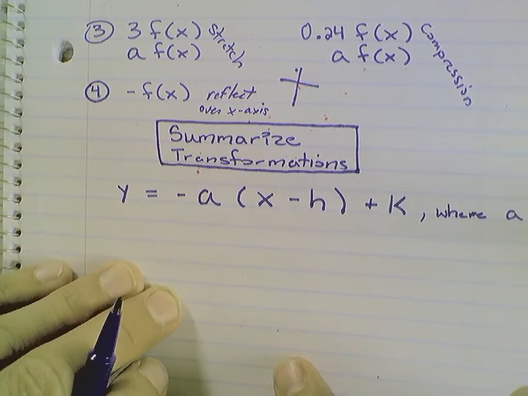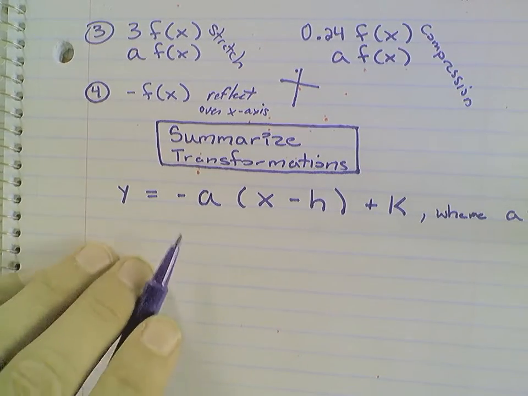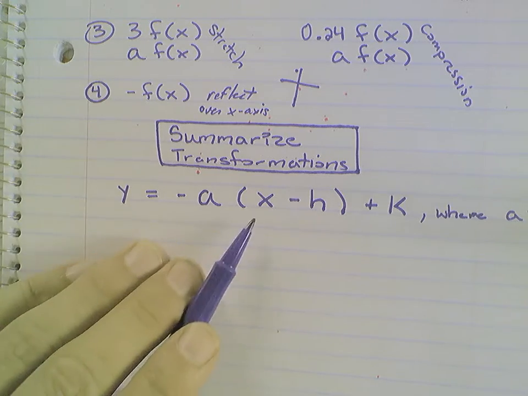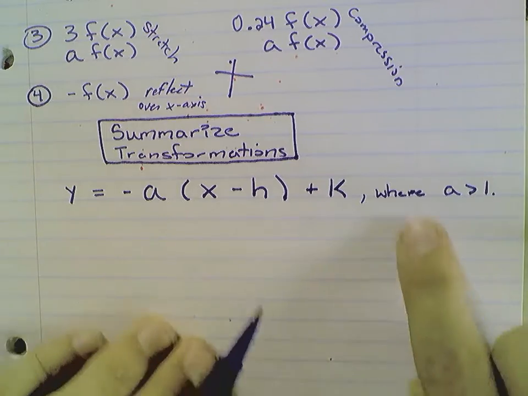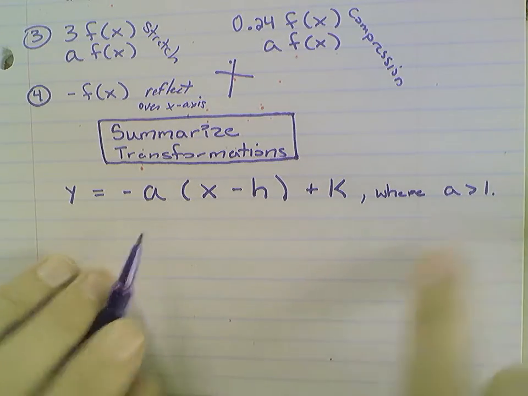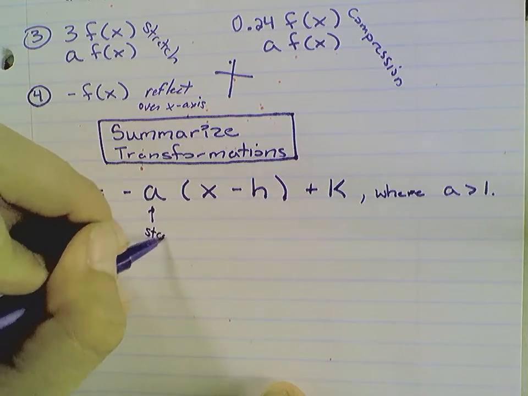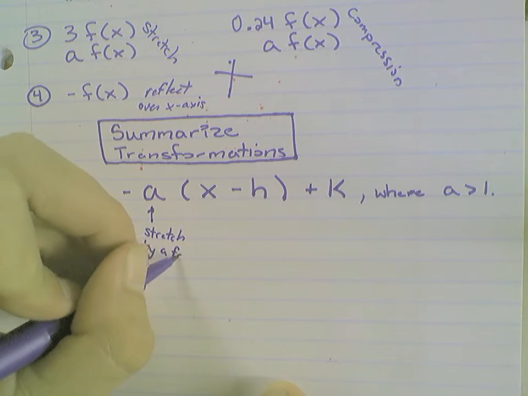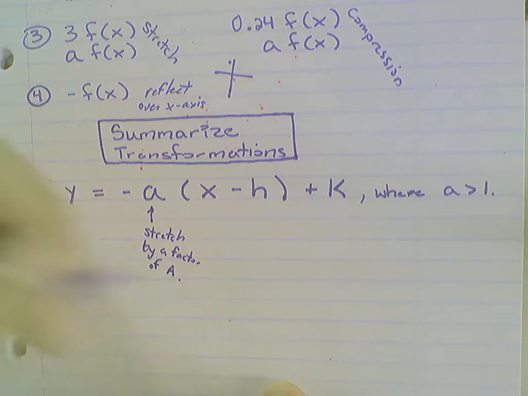Okay. And then lastly, I just want to summarize. This is a little bit more like an equation you would typically see. Once again, I have the equation y equals negative a times (x minus h) plus k, and this happens to be where a is bigger than 1. So I know right away that the a is going to stretch the function by a factor of a, whatever a is.